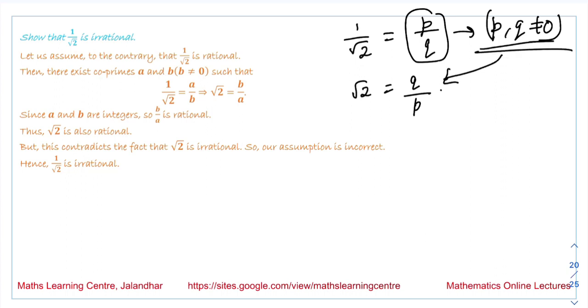So we can write root 2 is equal to q by p, and this implies that root 2 is rational, and this thing is not correct, as we have already proved that root 2 is irrational. So our assumption that 1 by root 2 is rational is incorrect. So we get that 1 by root 2 is an irrational number.